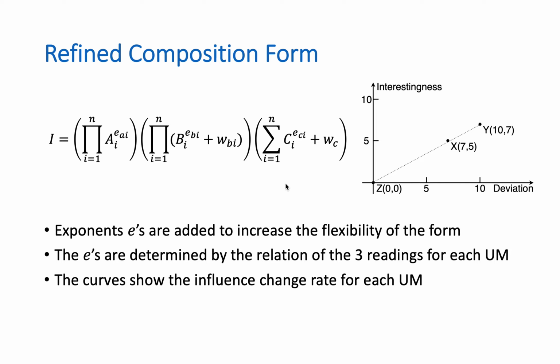If the exponent E is almost 1, like this one for deviation, because the 3 pairs of readings form almost a line, the influence of deviation is almost constant across its domain, because we define influence as the slope of the line.